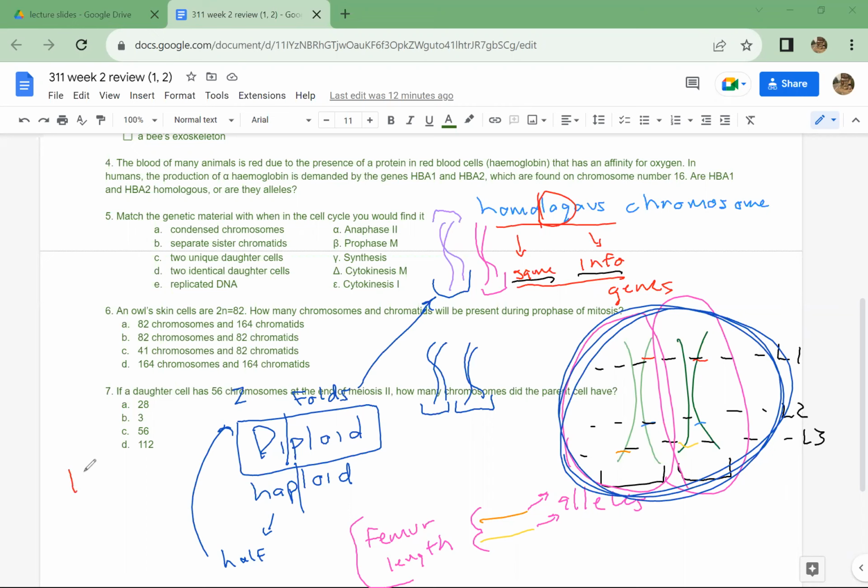They could be triploid, 3N, or tetraploid, 4N. So if the normal body cell of a plant cell is 4N, its haploid is 2N because it's half of the number of genetic information relative to the amount that it usually has.